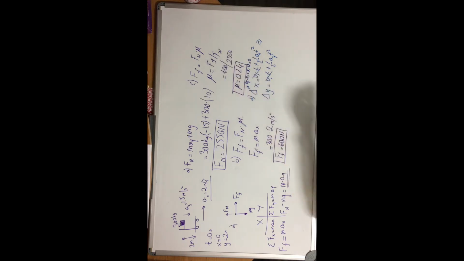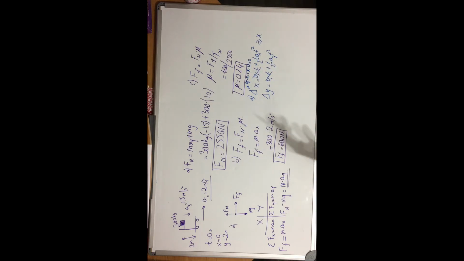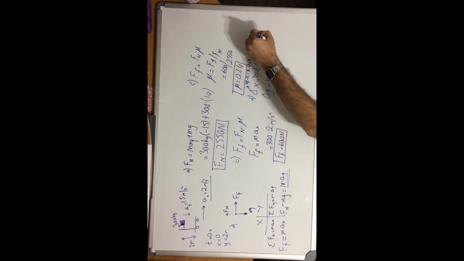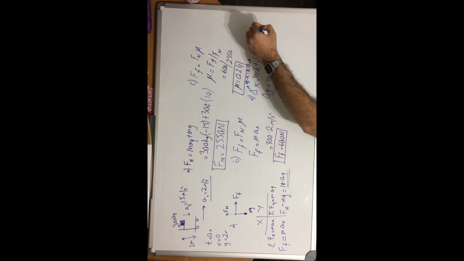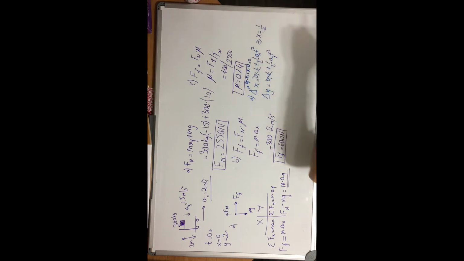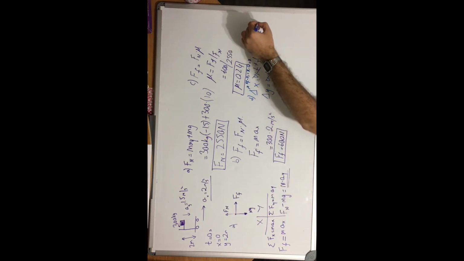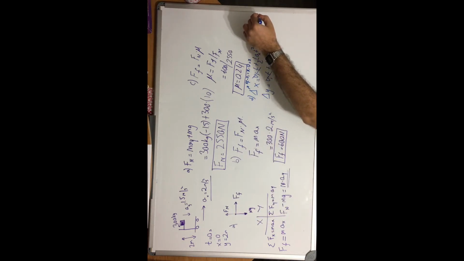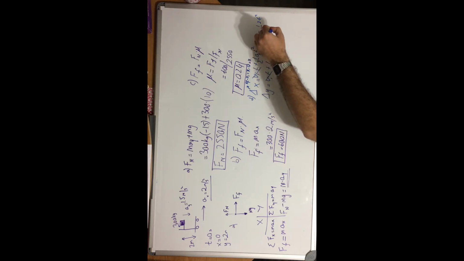So my delta x is simply x, which means any position x. And how can you find any position x? It is basically 1/2 a t squared. And what's my acceleration on the x-axis? That's 2. So my x as a function of time is simply x equals t squared.